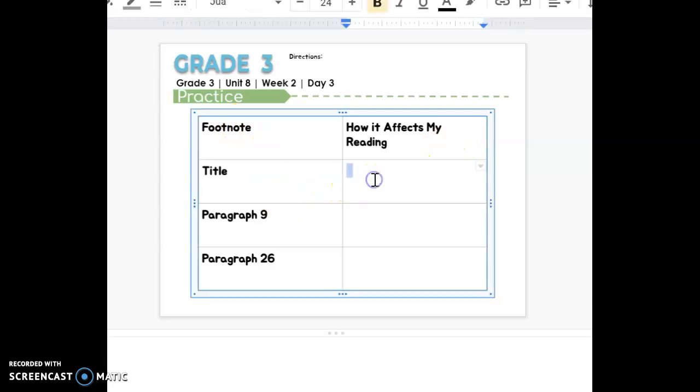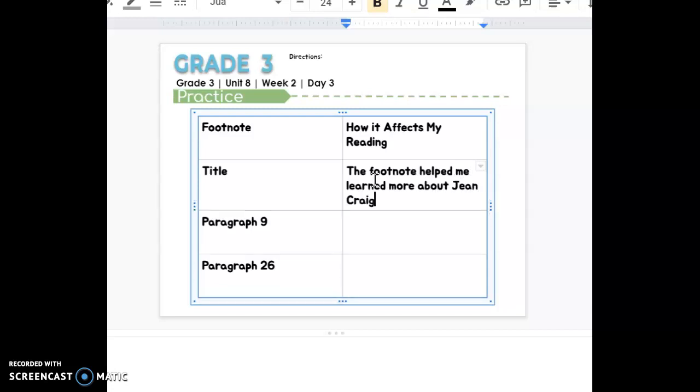The footnote I just read in the title affected my reading because it helped me to learn more about the author. So I'm going to write, footnote helped me learn more about Jean Craighead George.